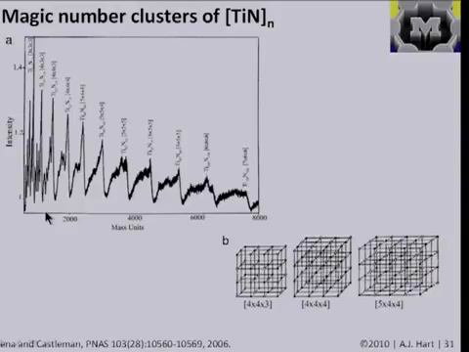If you make clusters, you basically evaporate the material, vaporize the material, and condense it, and you look at the spectrum that shows the intensity. It's basically a signal which corresponds to the frequency of particles with a certain size. You see the predominance of these different clusters.